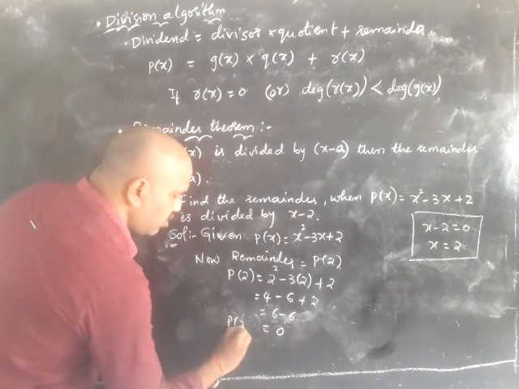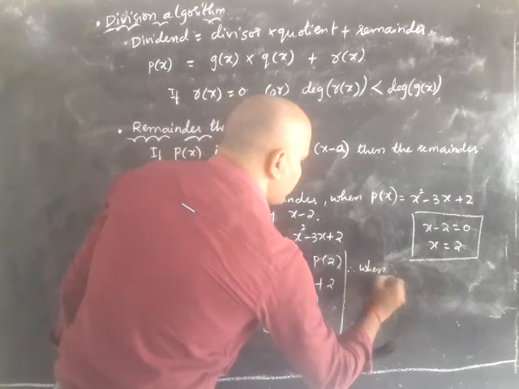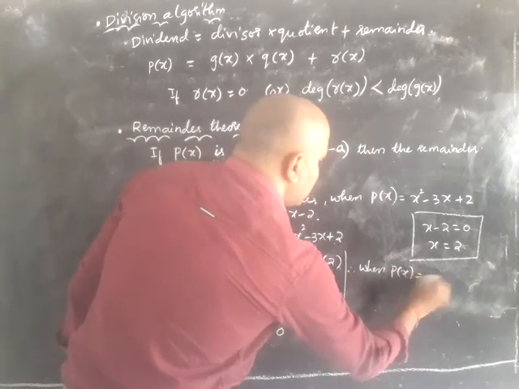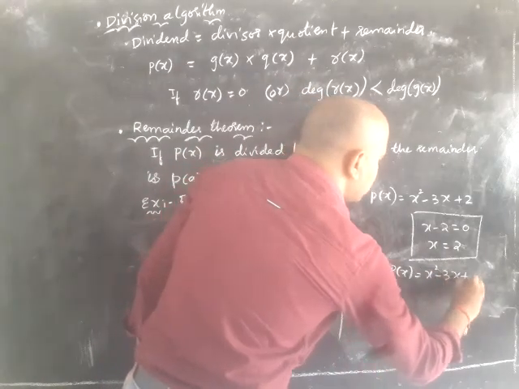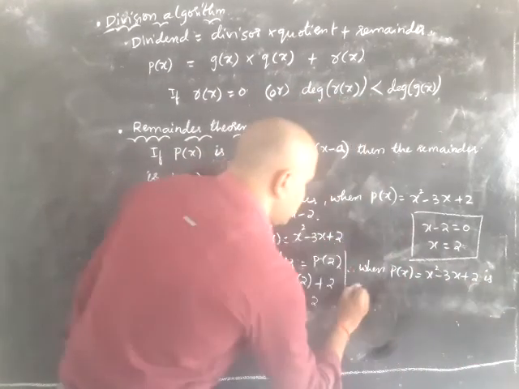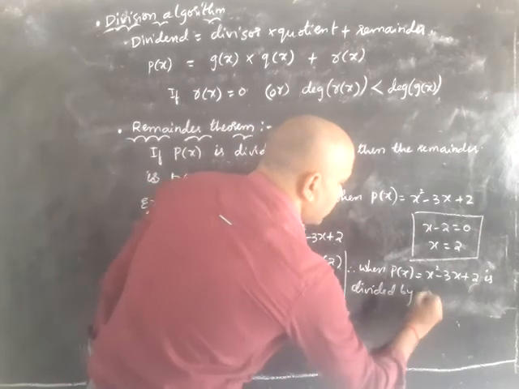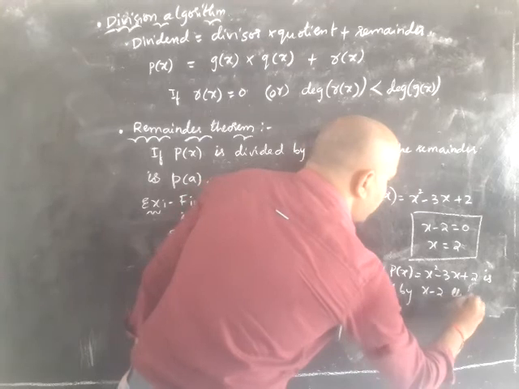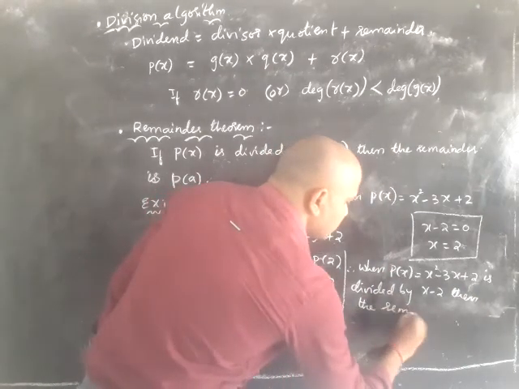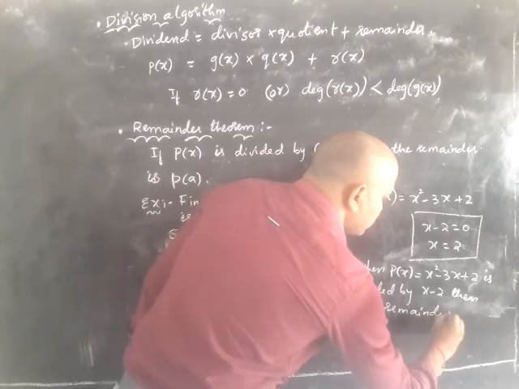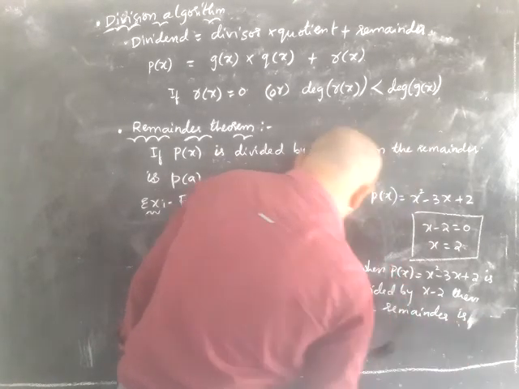So what is the remainder now? Therefore, when P of x is equal to x square minus 3x plus 2 is divided by x minus 2, the remainder is 0.